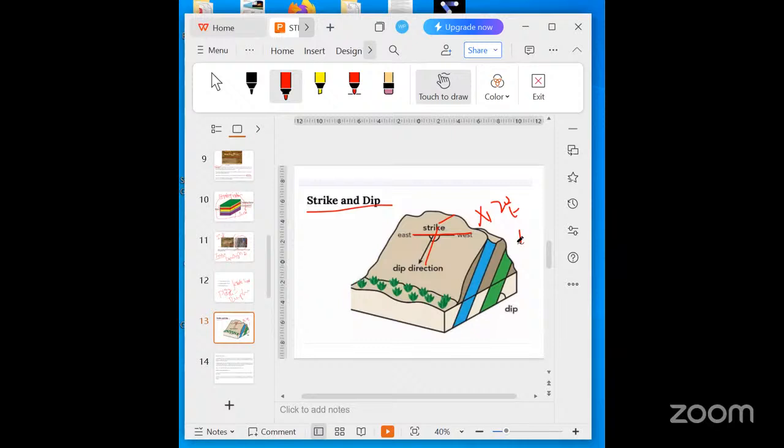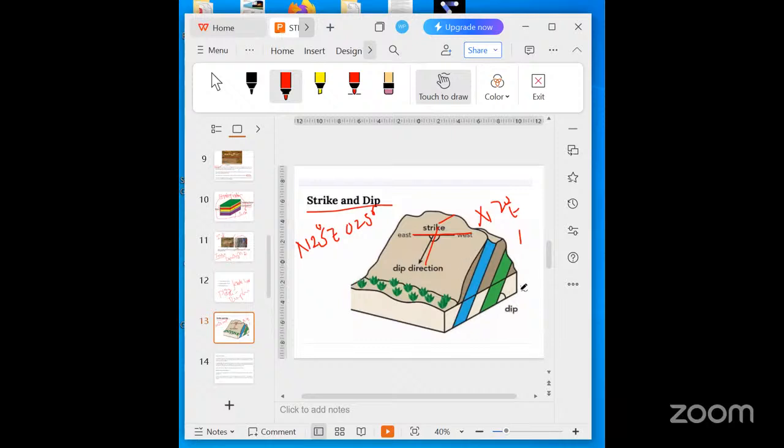Or as a single three-digit number representing the azimuth, usually the lower number, followed by the degree sign. So this is the strike. Okay, now dip.